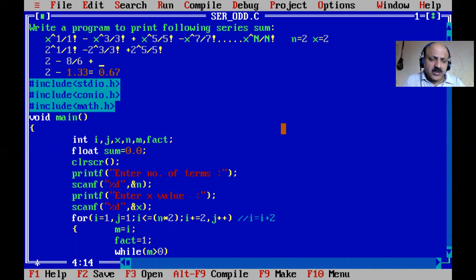So 2 multiply 2, so that is 32 and divide by 5 factorial, 120. Yes, so a very big number is there. So yes, and here we can take plus sign, and that is 0. Yes, I divide, 0.26.